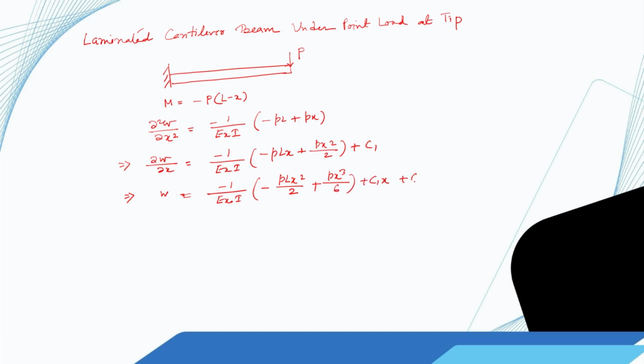plus C1x plus C2. Now, we know that at x equal to 0, W is 0 because it is a cantilever beam, and at x equal to 0, del W by del x equal to 0.